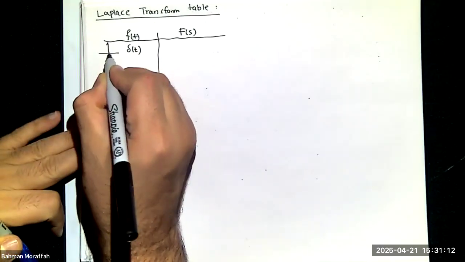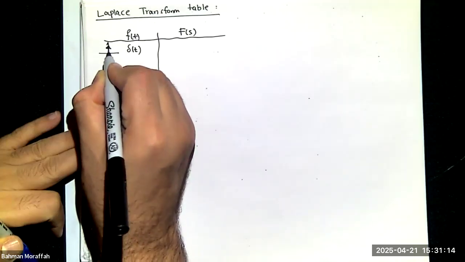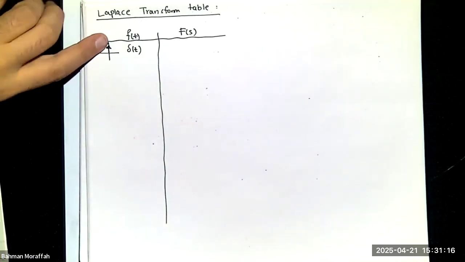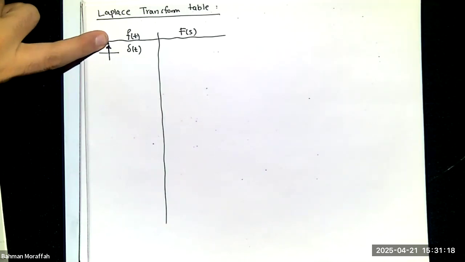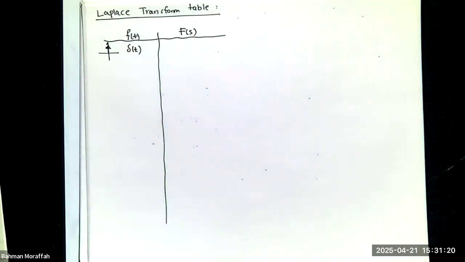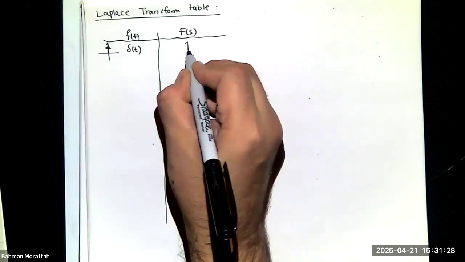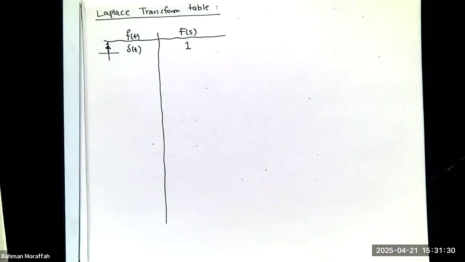So it looks like this. We don't know exactly what value this function has over here, but what we do know is that the area underneath this arrow is 1, right? So we know the Laplace transform of that is 1.